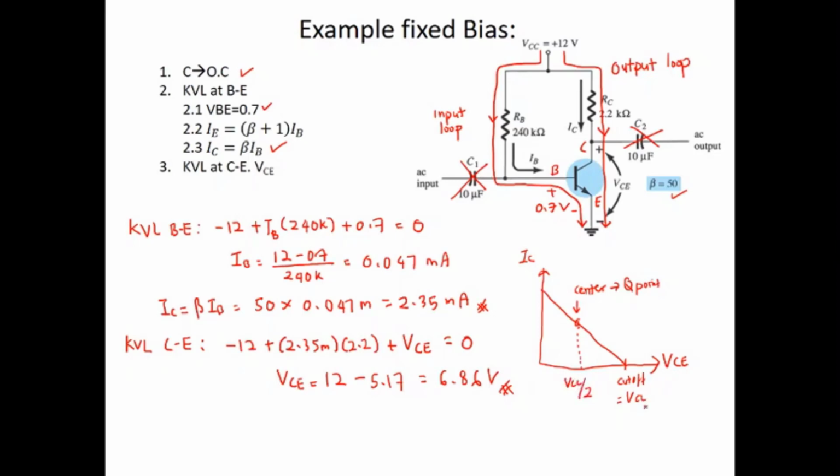The half of 12 volt is 6. You see here the VCE is 6.86, so it's not much different. So this means that this bias circuit is okay. The design of the bias circuit is okay.